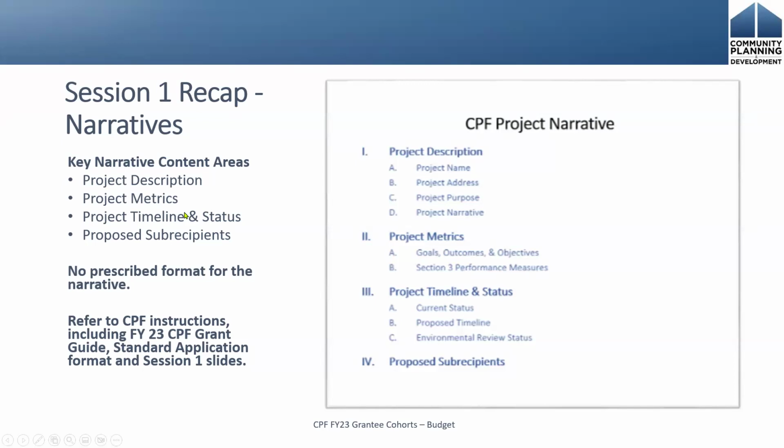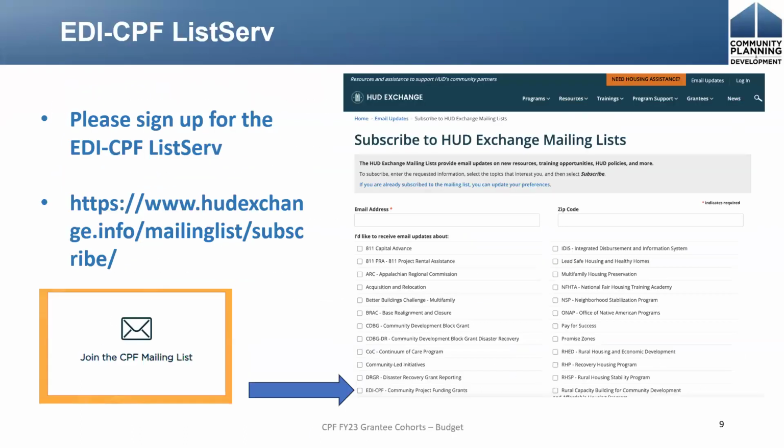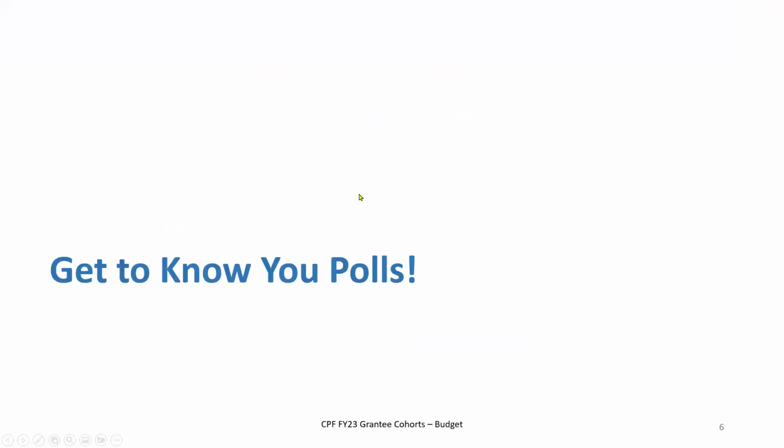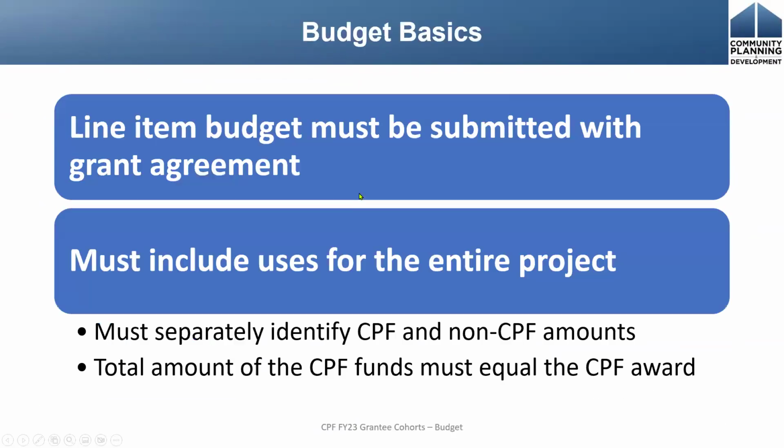And then also describe any steps you've taken towards environmental review. Remember that environmental review is the next session of the cohort. So if you're not there yet, that's okay. Attend that session and you'll learn a lot more about what needs to happen so you can better describe your environmental review status. And then finally, if you are using subrecipients, you want to talk about your proposed subrecipients in the last part of the narrative components.